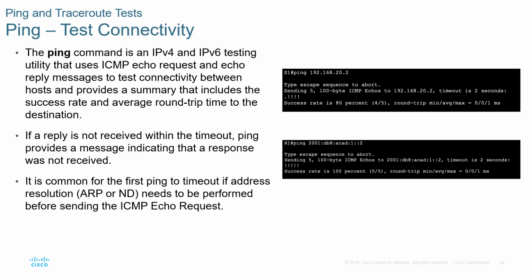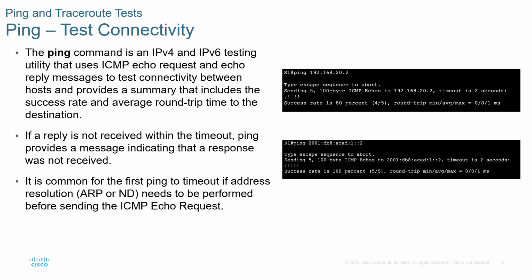And what I mean by that is, here we look at a period or an exclamation point. Well, those actually have a very clear definition. Typically, the exclamation point means everything is appropriate and it actually received a reply. A dot indicates the network server timed out waiting for a reply. A U is a destination unreachable error because a PDU was received.